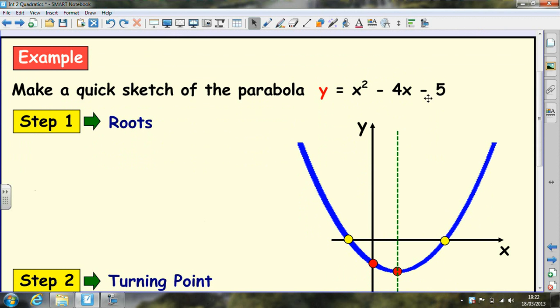If we can factorise this part of the equation and let it equal 0, since the y value of these coordinates is 0, then solve that equation, we can work out the roots. The second way would be to use the quadratic formula, but that should be obvious and it will be in a calculator paper and it will say round your roots to 1 decimal place or 2 decimal places. So in this case we're going to factorise.